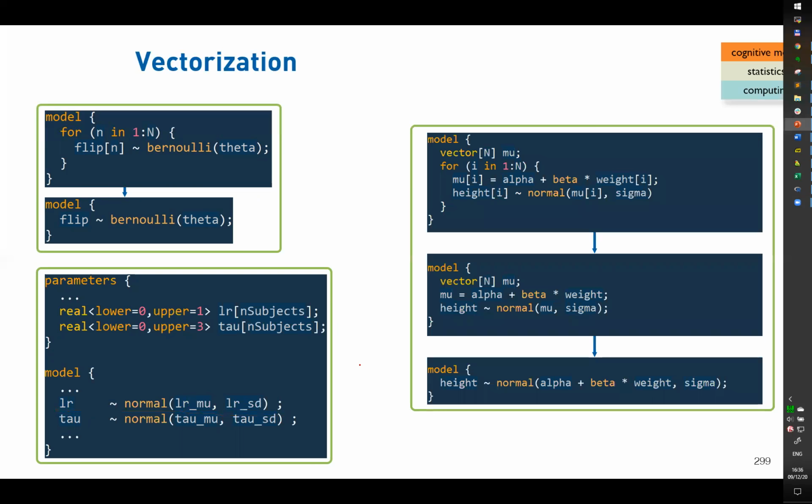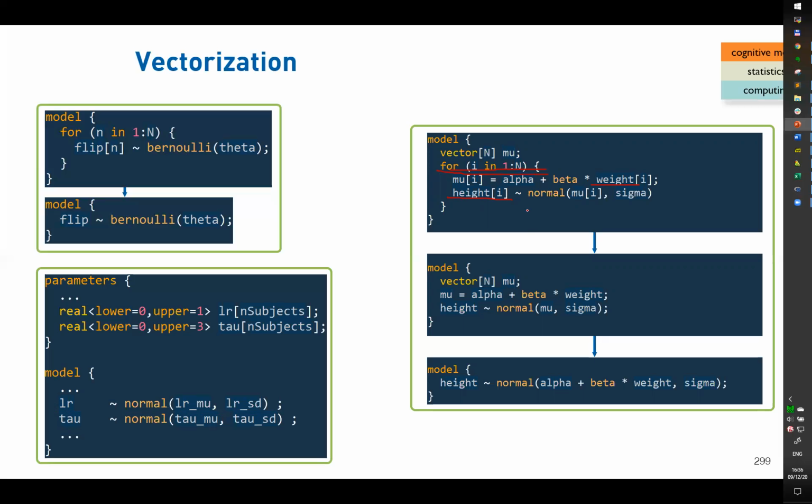Another example from the weight height example that we've seen. So for each of the individuals, we have the weight data, we have the height data. And to implement the regression model, we could run it person by person, looping from first to last.